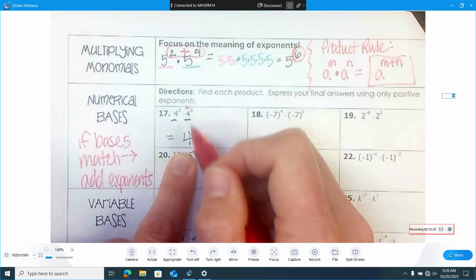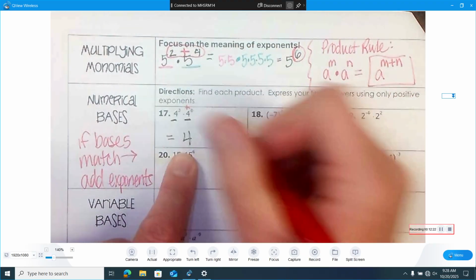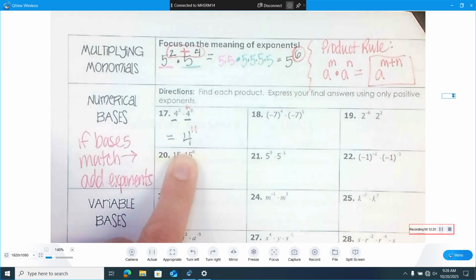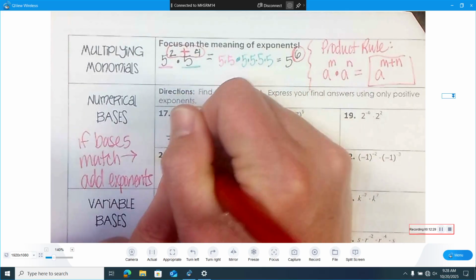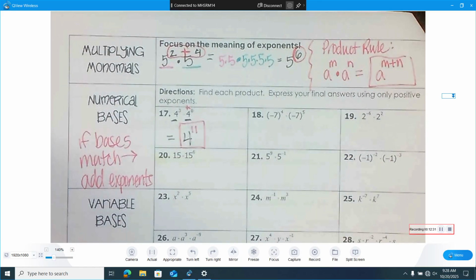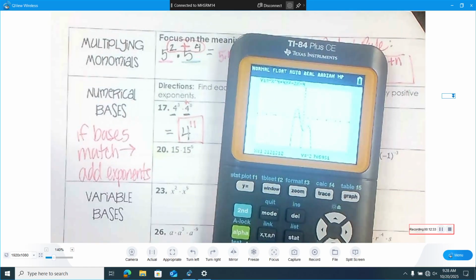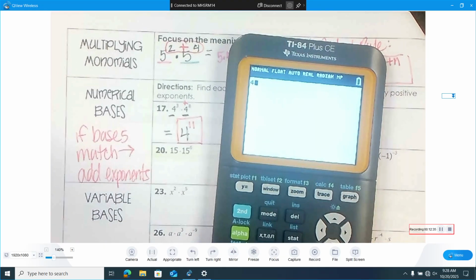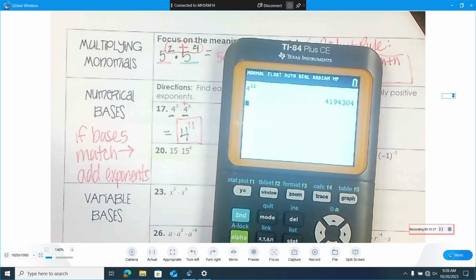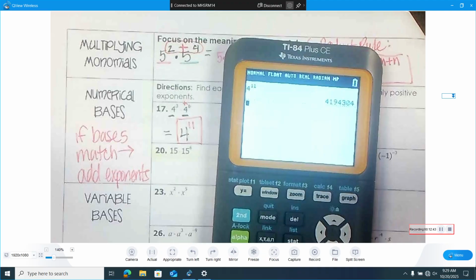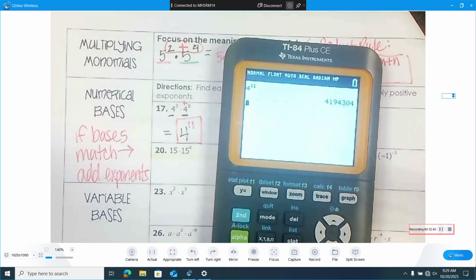Add the exponents. So we have 3 plus 8 is 11. This is a great answer. It's a lovely answer. It's a huge answer. We can see 4 to the 11th is 4,194,304, a huge number. Would you rather write that, or would you rather write 4 to the 11th? 4 to the 11th. Yeah, no way.